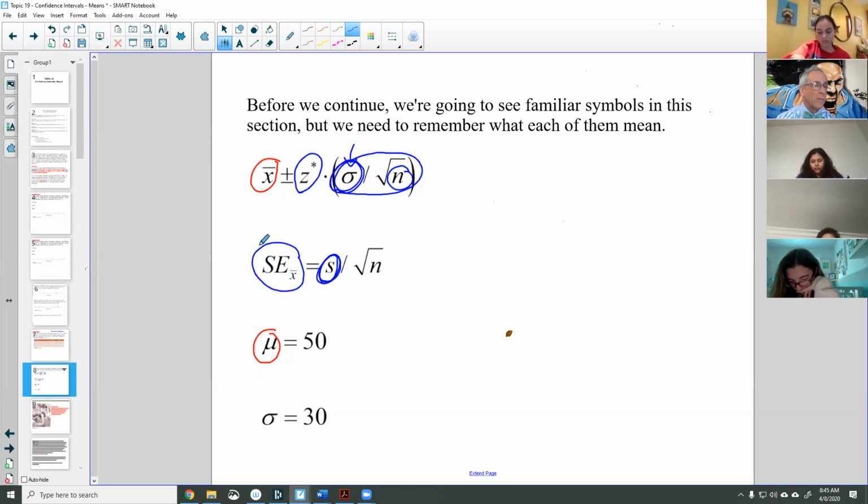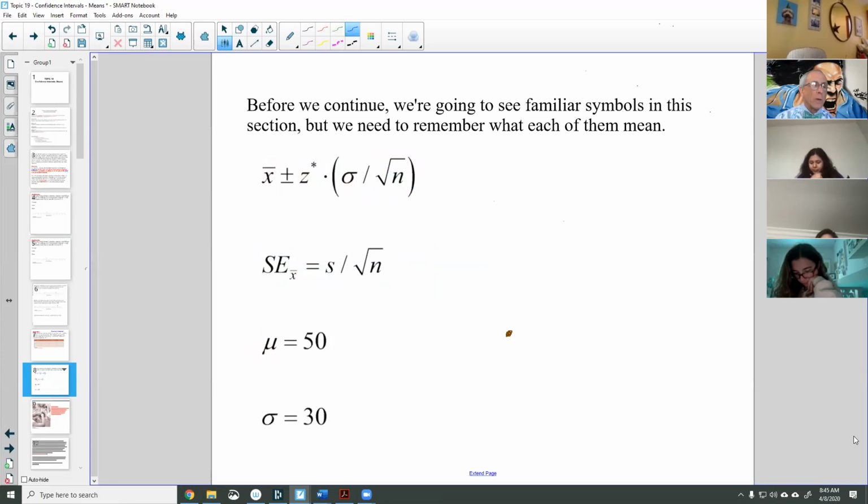This particular standard error has a sub X bar. We might sometimes have a standard error with a sub P hat, but that would be for proportions and categorical variables, and this is for our quantitative variables. Okay, good. We're going to run into all those symbols, so you just be aware of that.